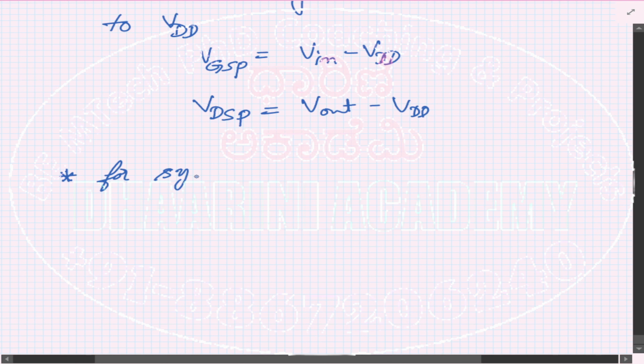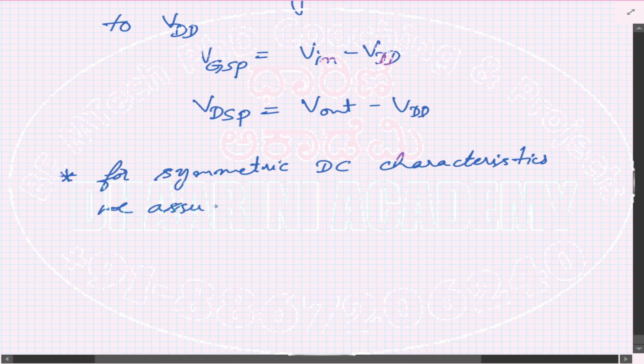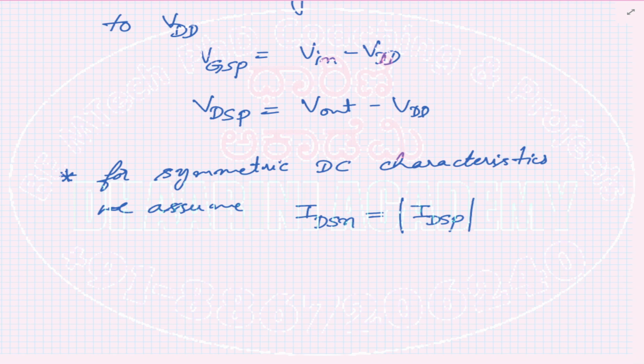For symmetric DC characteristics, we assume the following. First, the drain to source current of the NMOSFET is equal, in terms of magnitude, to Ids of the PMOSFET. I eliminate the sign here because they are opposite: IDSP goes upwards, IDSN comes downwards, so there is a minus sign in between.